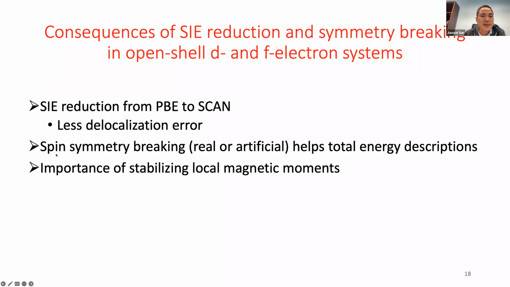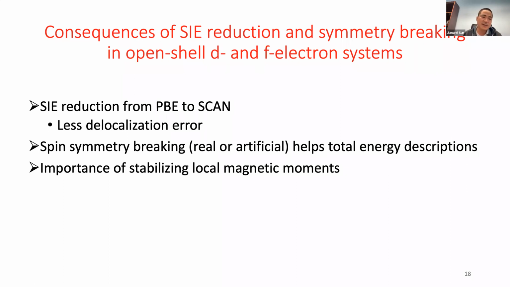And then with the spin symmetry breaking, real or artificial, this spin symmetry breaking can help total energy descriptions. So both this SIE reduction and spin symmetry breaking have importance in stabilizing the local magnetic moments.